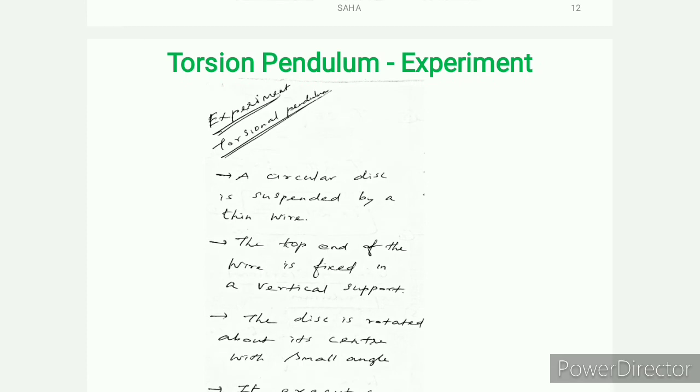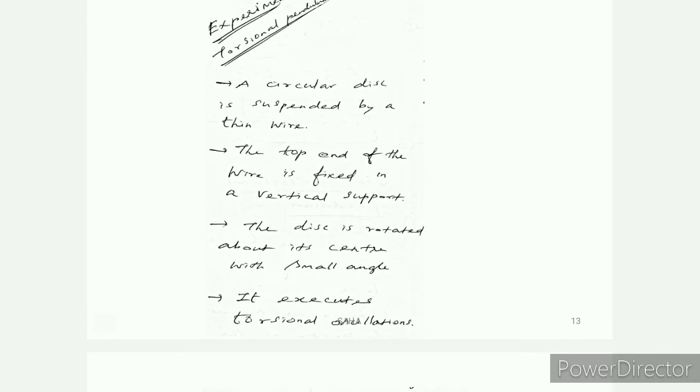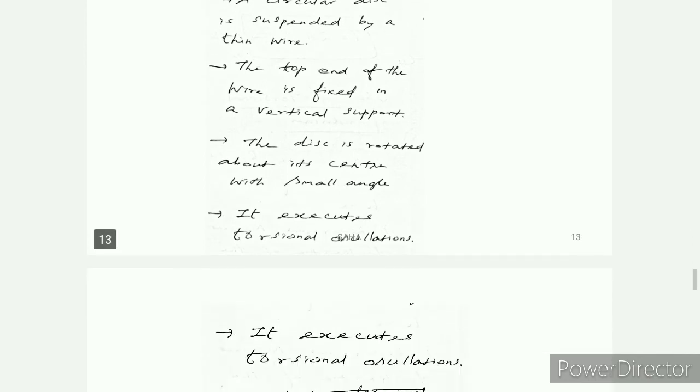Torsional pendulum experimental explanation. A circular disc is suspended by a thin wire. The top end of the wire is fixed to a vertical support. The disc is rotated about its center through a small angle. Then it executes torsional oscillation.